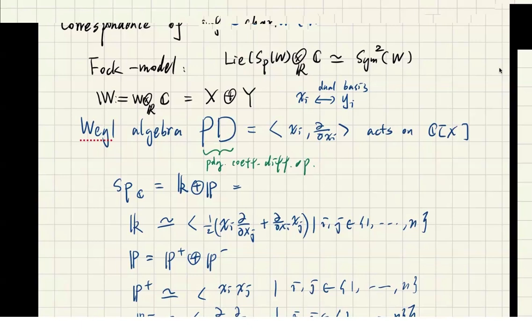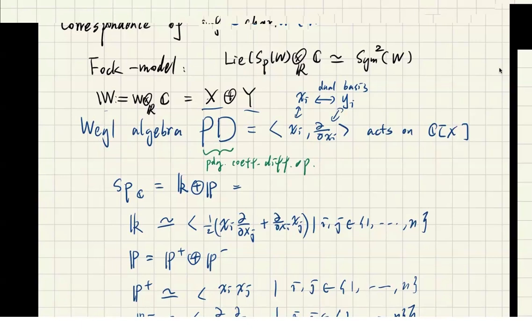So suppose we choose the polarization of the complexification of W as X plus Y. You take a basis X_i and take a dual basis Y_i. Then let X_i correspond to multiplication by x_i and Y_i correspond to the partial derivative in the direction x_i.